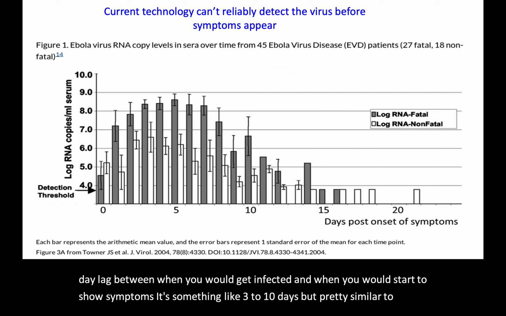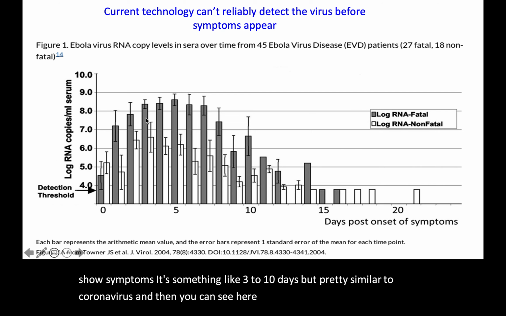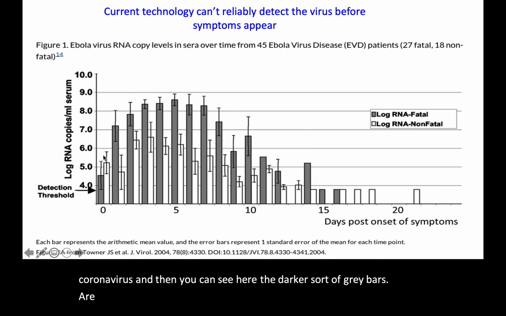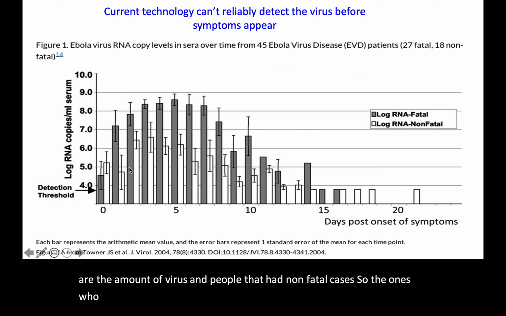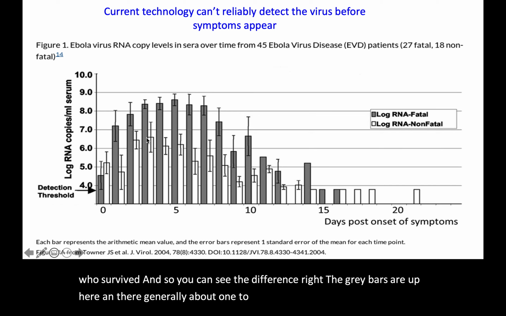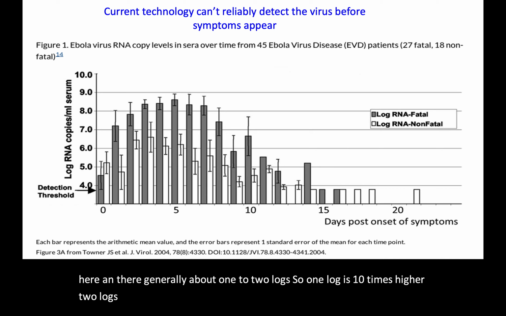And then you can see here the darker sort of gray bars are the amount of virus in people who had fatal cases, and the white bars are the amount of virus in people that had non-fatal cases, so the ones who survived. And so you can see the difference, right? The gray bars are up here, and they're generally about 1 to 2 logs. So 1 log is 10 times higher, 2 logs is 100 times higher, compared to the ones that survived.